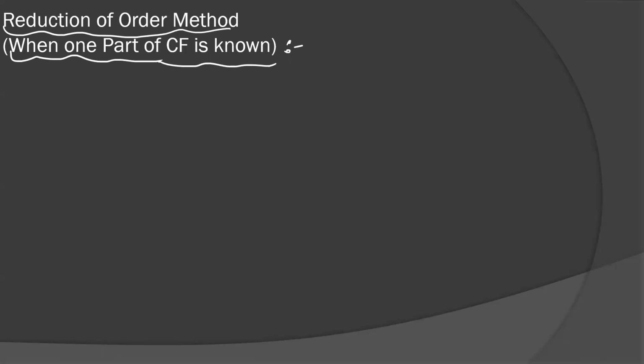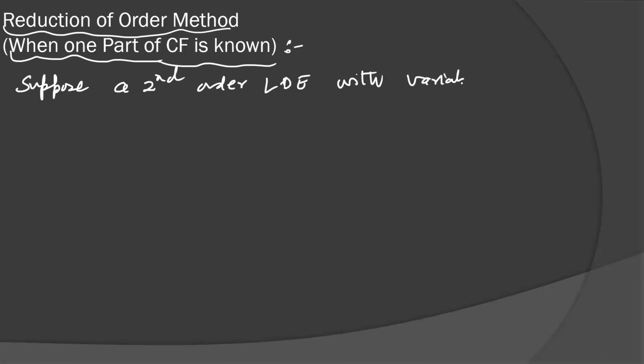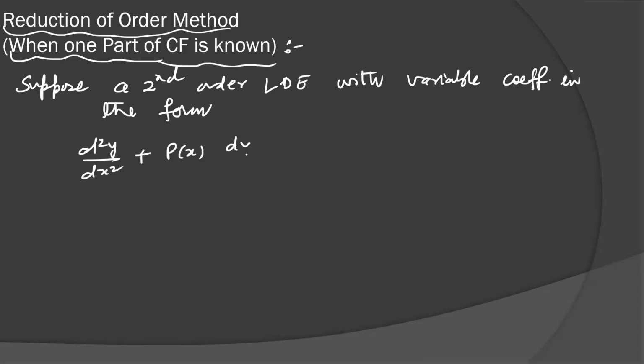So suppose a second order linear differential equation with variable coefficient is in the form d2y by dx2 plus px dy by dx plus qx y equal to rx.